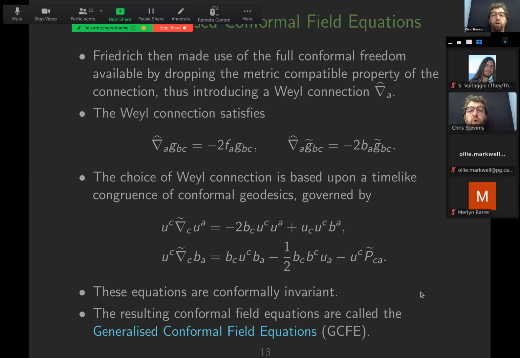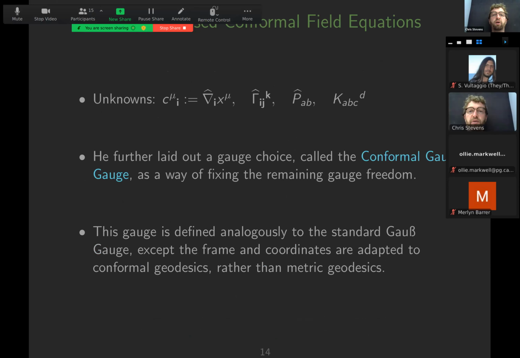So it turns out that if you look at writing down a frame adapted to these conformal geodesics, you get what's called the generalized conformal field equations. So these are another set of equations with different unknowns, but we have this Weyl connection coming in.